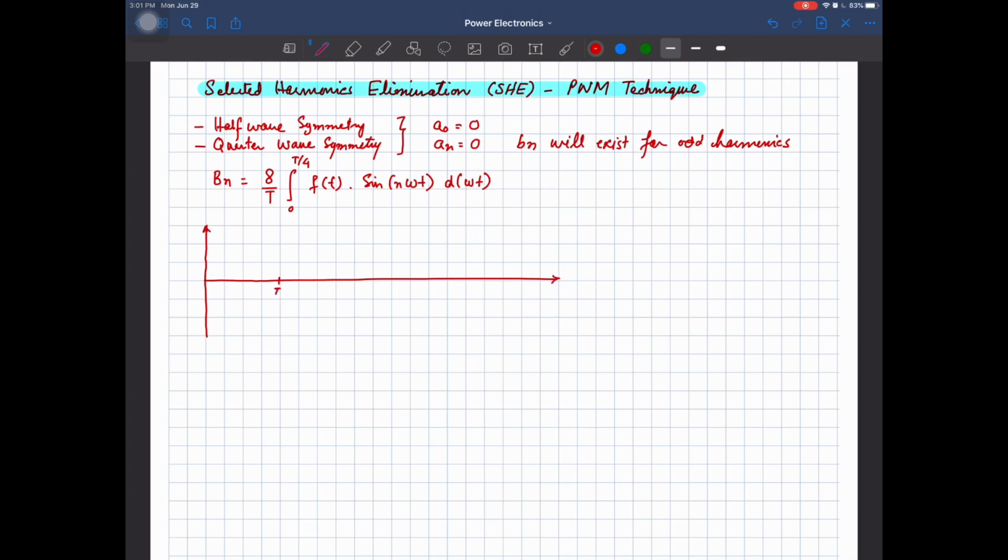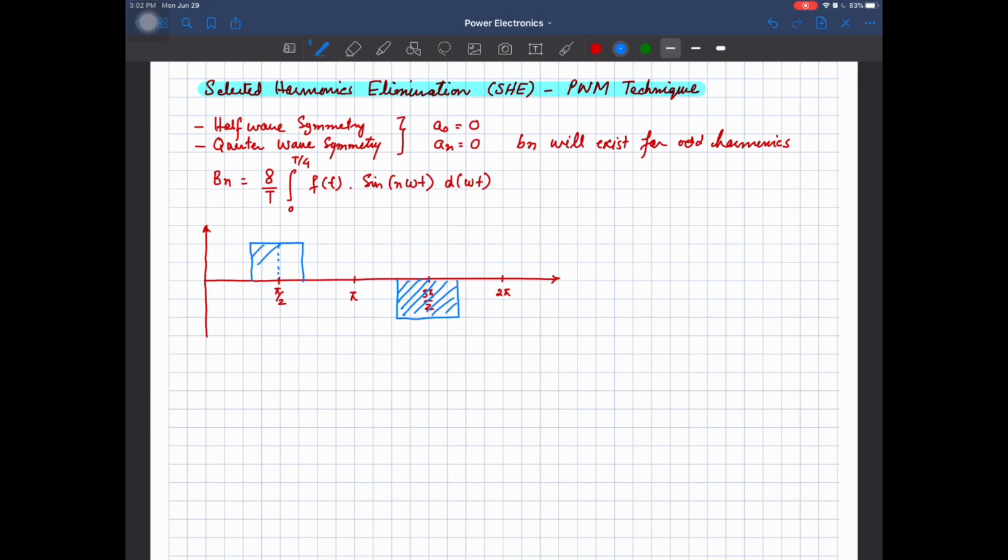So let's suppose that this is pi by 2, the quarter cycle, this is the second quarter cycle, this is 3 pi by 2, and this one is 2 pi. And I have a pulse which is centered at, let's suppose, pi by 2. The center point of this pulse is this one, and its negative part is over here, centered at 3 pi by 2, right?